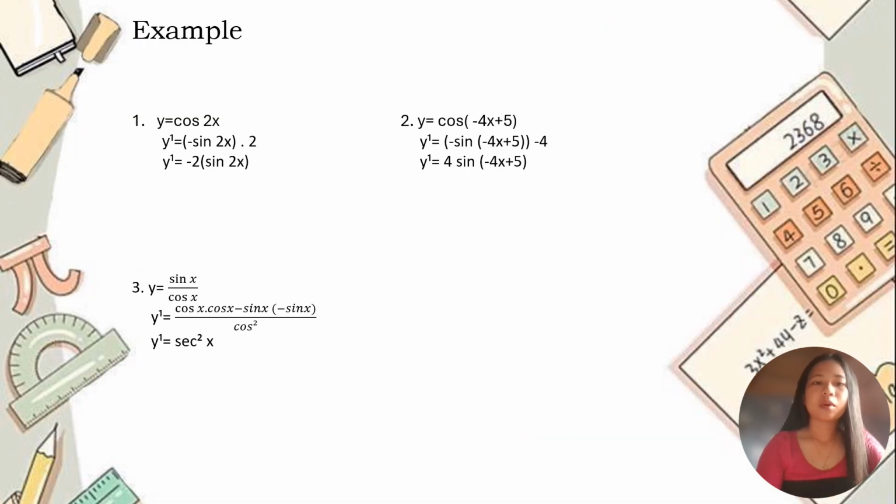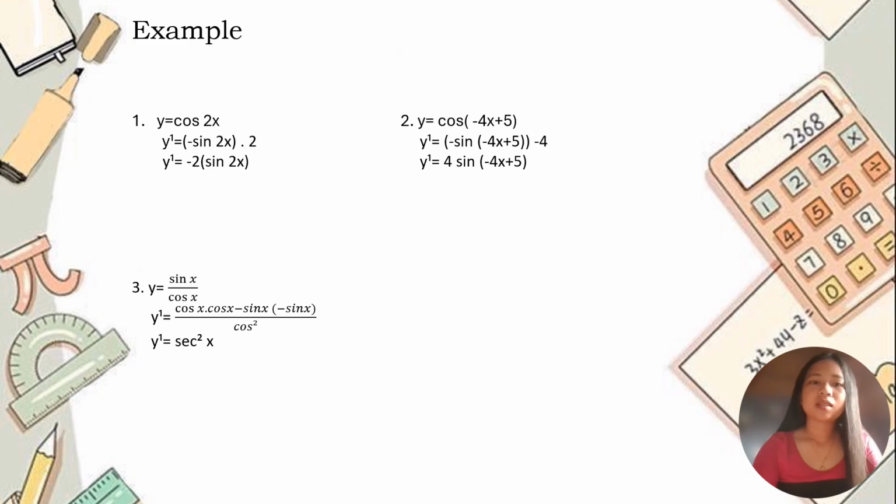We have here an example: y is equal to cosine 2x. The derivative of cosine is negative sine. So y prime is equal to negative sine, since the derivative of cosine is negative sine. Then copy the 2x, then the derivative of 2x is 2.